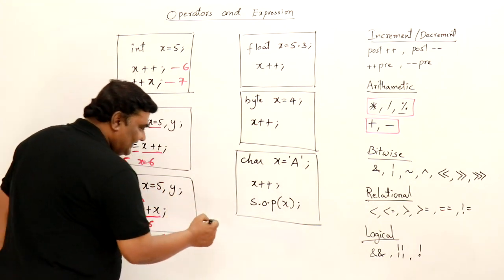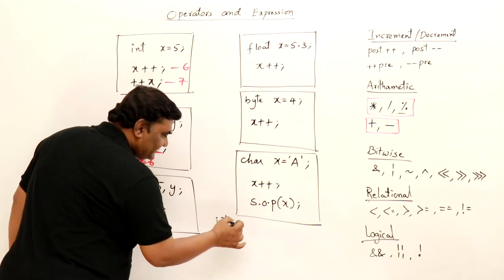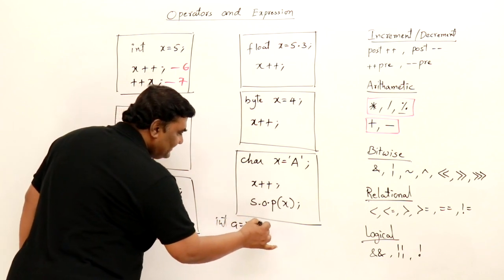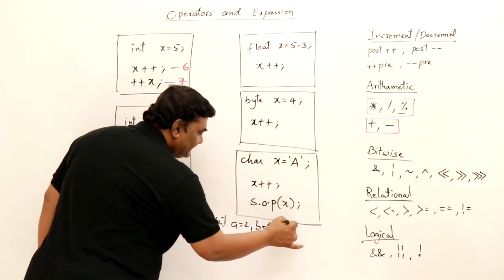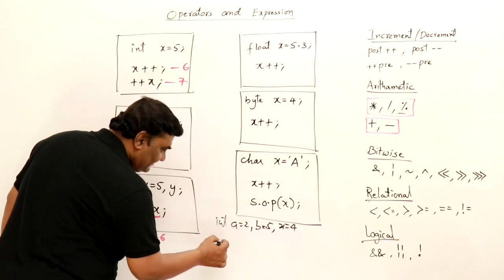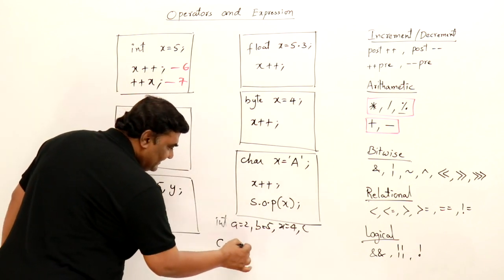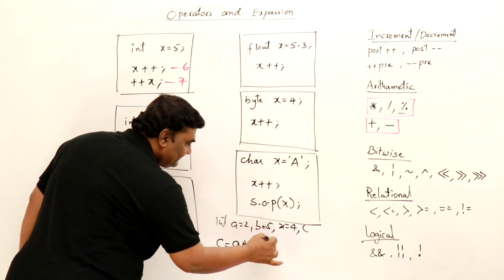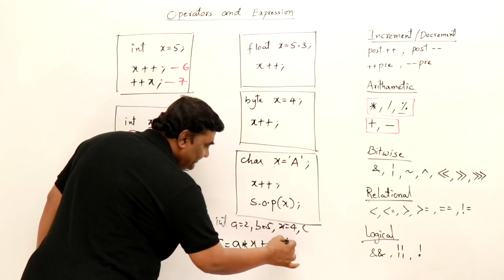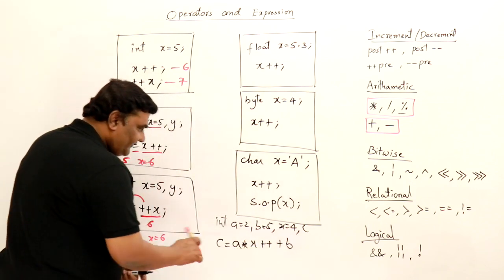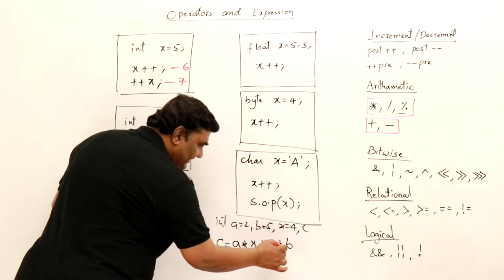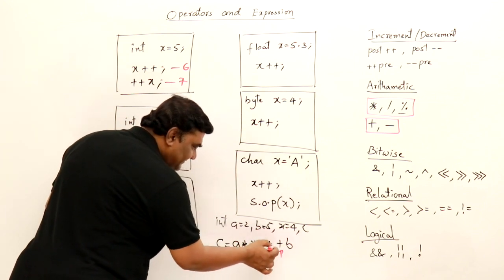To explain this, I'll take an example here. Suppose a is 2, b is 5 and x is 4, and I write c = a * x++ + b. First multiplication, then addition, and also increment is there.